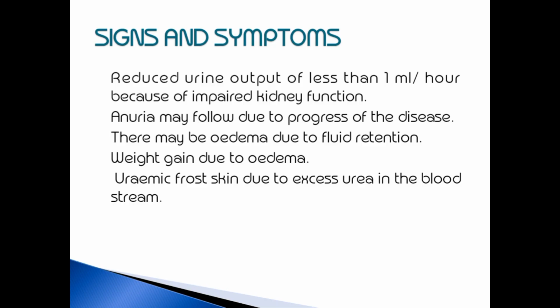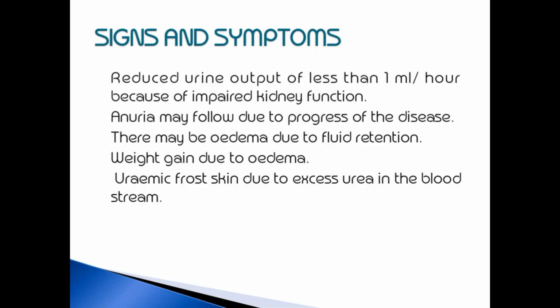The first sign is reduced urine output of less than 1 ml per hour because of impaired kidney function. There will be oliguria, or anuria, which may follow due to progress of the disease. Anuria is the reduction or absence of urine. There may be edema due to fluid retention, and weight gain as a result of that edema.